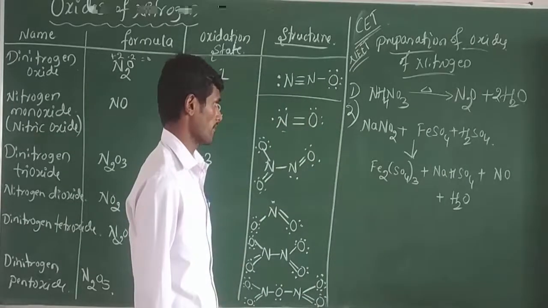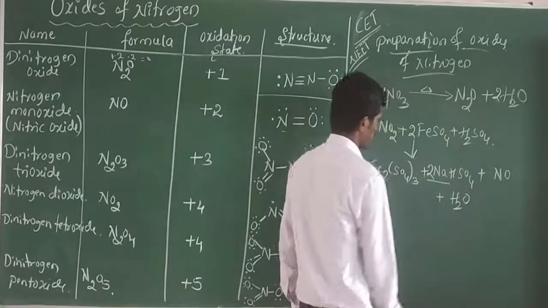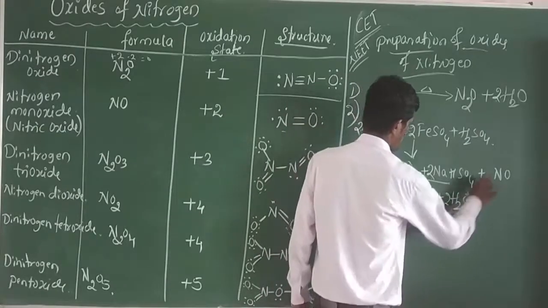Yes, there are 2 iron atoms on the right side, means product side, but here only one. Make this 2. When Fe becomes 2, then SO4 also 2, therefore make this 2, then 2 Na balances. Yes, after that it becomes 2, 2.